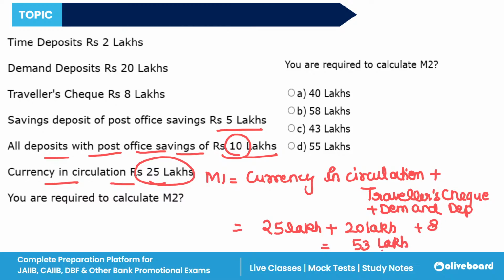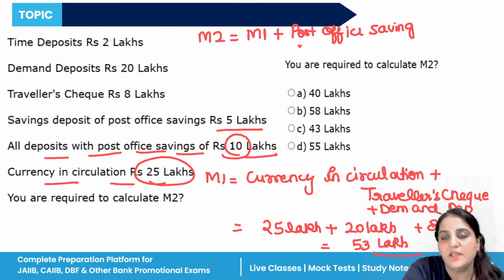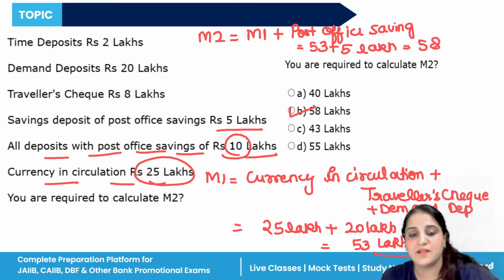Now we have M1, so we have to calculate the M2. M2 is just M1 plus post office savings, that is equal to 53 plus 5 lakh, which is equal to 58 lakh. So this 58 is the answer.